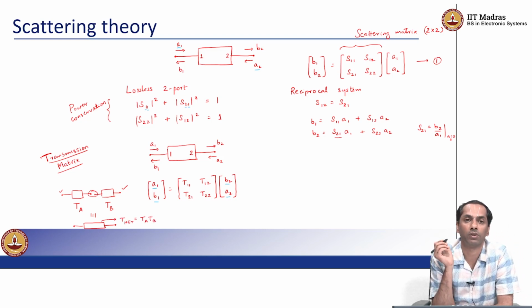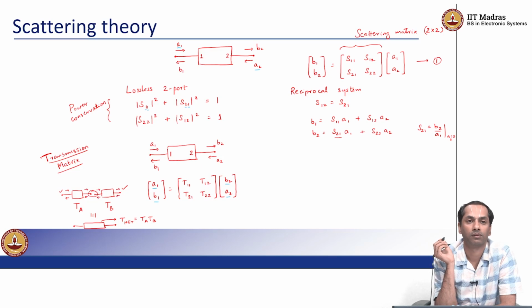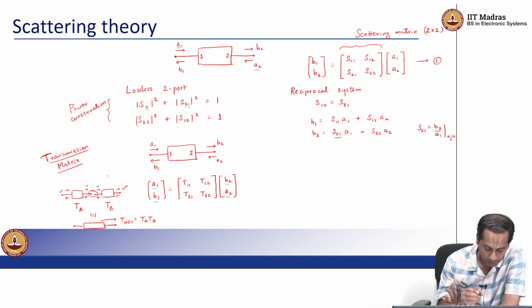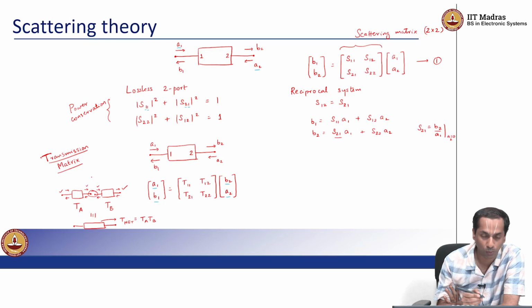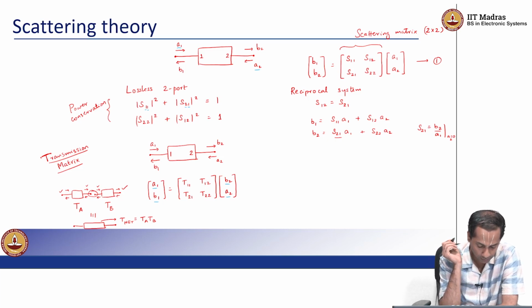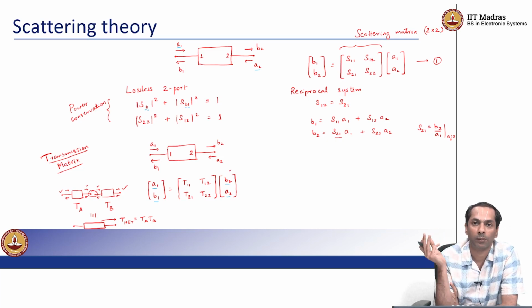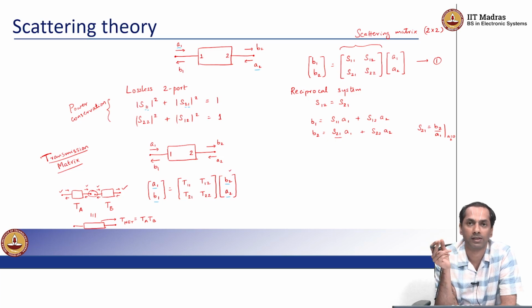You can prove this to yourself. You can have A's and B's at each of these ports, and you can notice that these two are essentially the same. What is ejected out of port 2 from component A is actually the input to port 1 of component B. So you can represent this as another transmission matrix multiplied by the A and B values at the output of the second element.